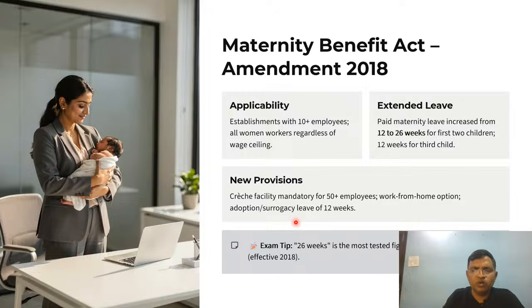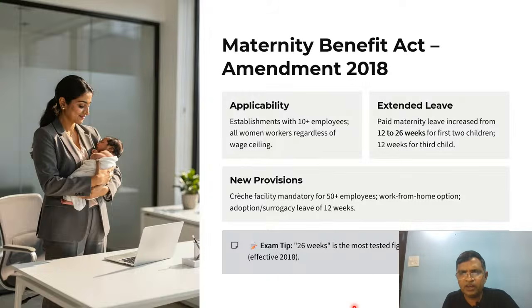So here the examination tip: 26 weeks is a tested figure from the 2017 amendment, effective from 2018. Just remember, Maternity Benefit Act amended 2018, applicable for 10 plus employees, for all women workers regardless of their wage ceiling.